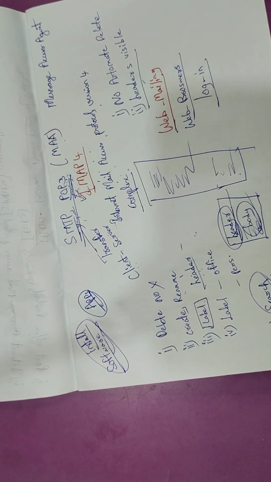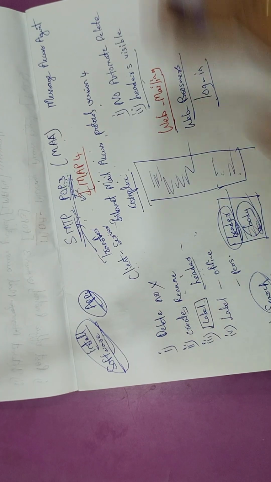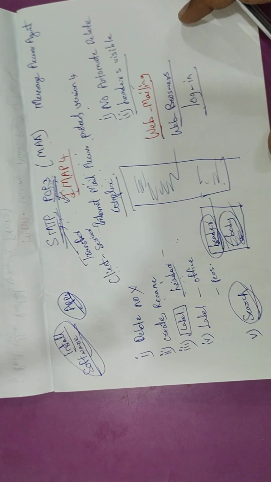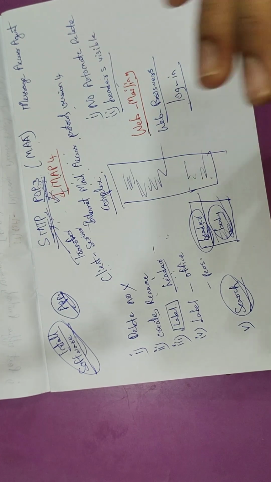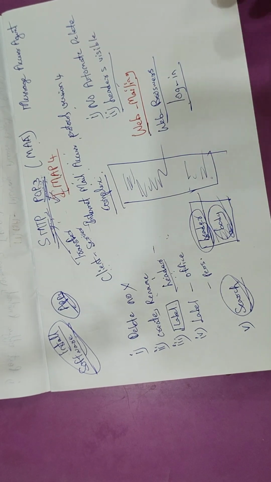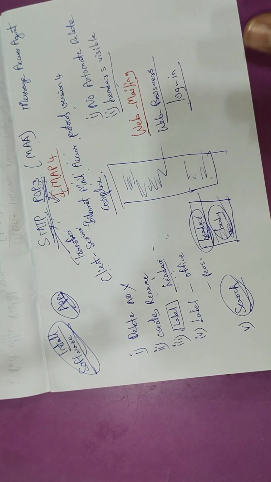By using a web browser, you can log into your mail and access the data, all the operations, viewing, everything. If you want to search, you can search. If you want to create a mail, you can create. Not only that, you can also transfer it to your friends. You can open it anywhere.